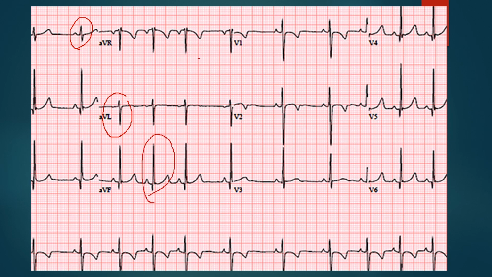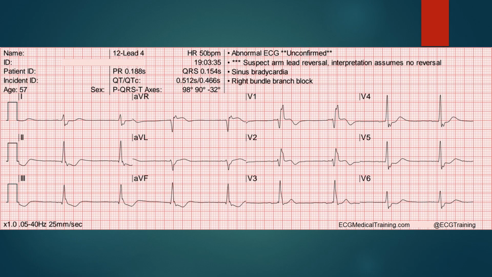It indicates that it is plus 90 degree axis in this particular case. Now here to determine the axis, again the same example, same lead 1 has the equiphasic response, and the perpendicular lead is aVF, and aVF has positive deflection, plus 90 degrees.